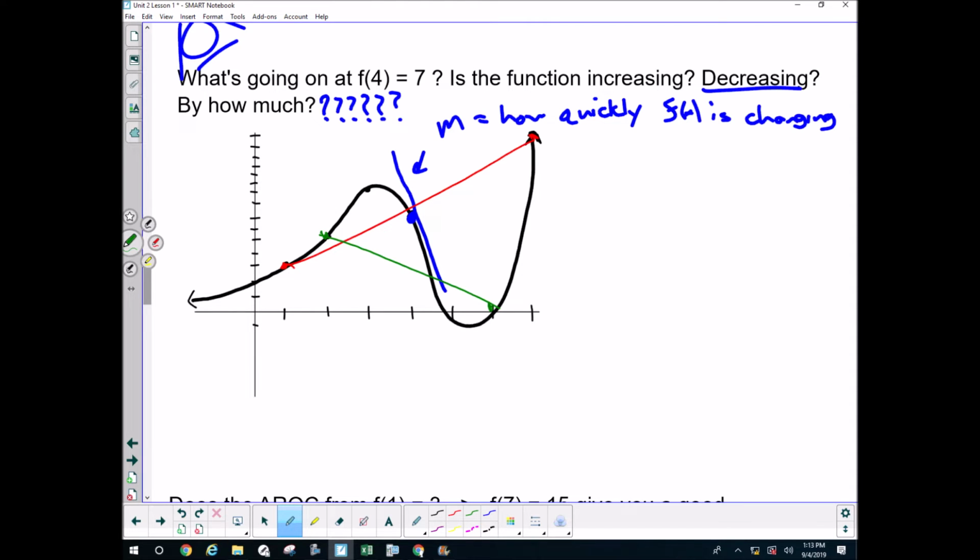Well, what could I continue to do to get better and better approximations for the slope of this blue line? Why don't we just start using points that are closer and closer to this location at 4? Why don't I use 3 and 5? Well, here's my point 3, here's my point 5.